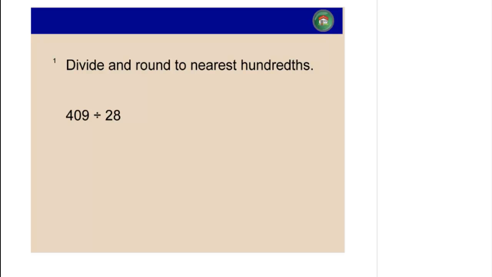In this example, you're asked to divide 28 into 409. To help you remember which way to put your numbers when you're writing your division bar, and know which one's the divisor and which one's the dividend, read it out loud or in your head. 409 divided by.